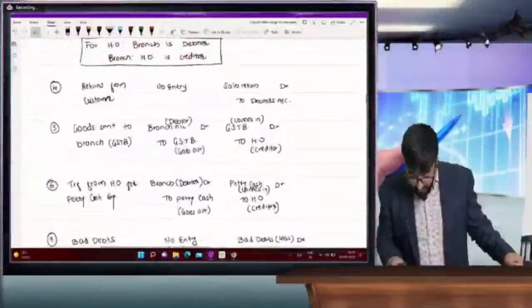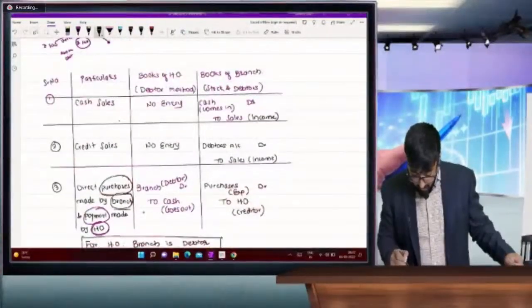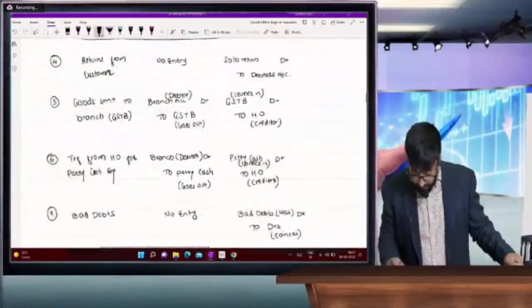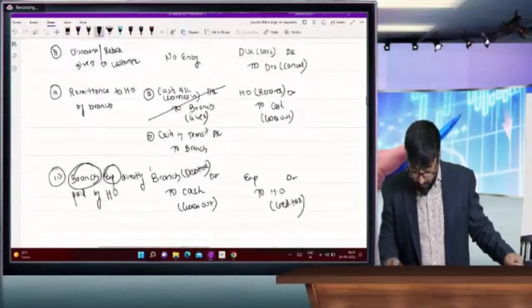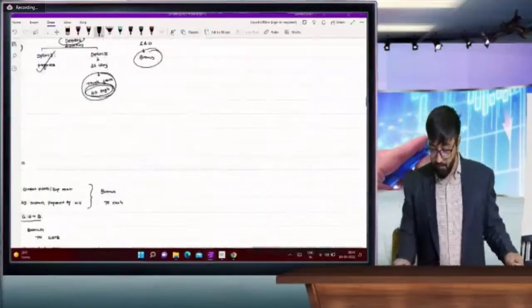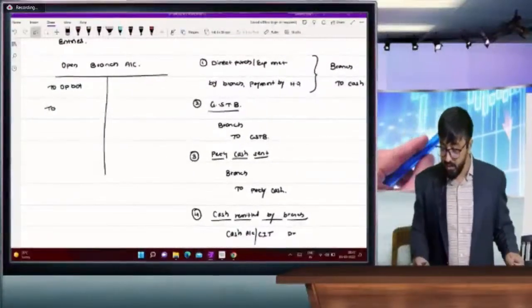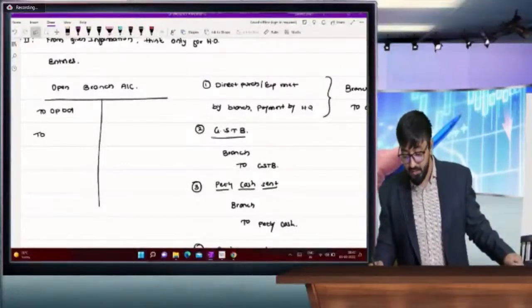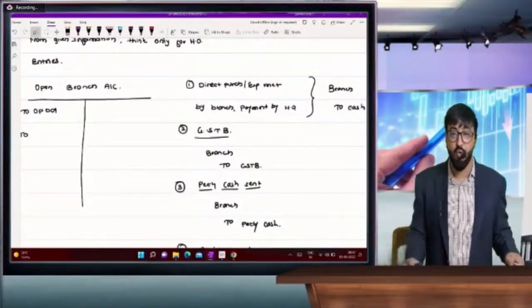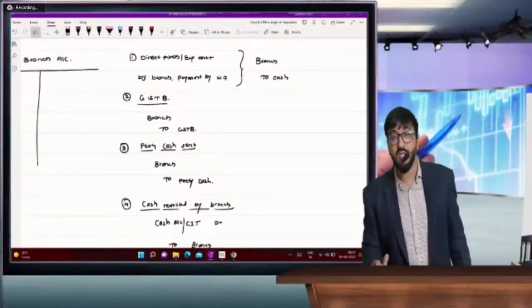Yes, beta, you can see here: 1, 2, 3, 4, and 5. I have written 4 because I merged one entry, direct expenses. So these are 2 entries actually: direct purchase and expenses made by branch, payment by HO. In these entries only branch account is involved.